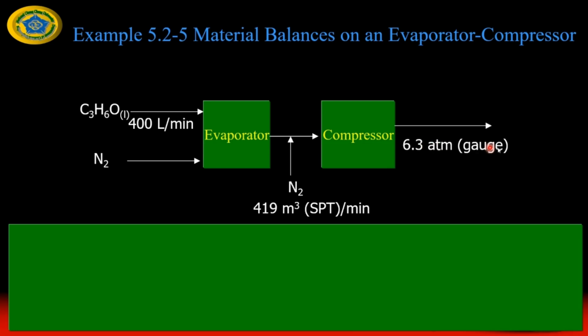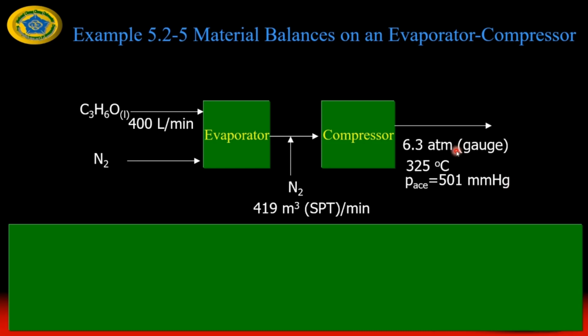As it comes out at 6.3 atm, the temperature is 325 Celsius. And then the partial pressure of acetone is 501 millimeters mercury. This represents pressure, right? Why do they want to tell me this?